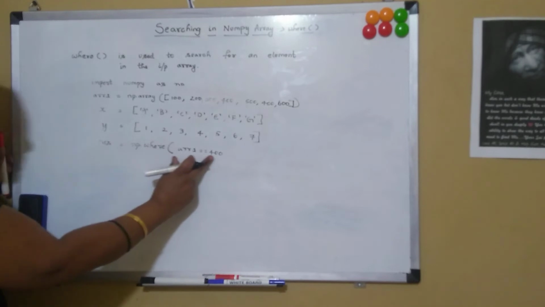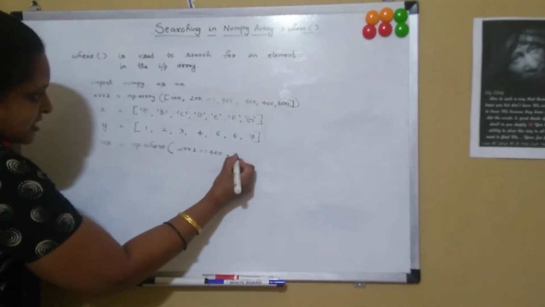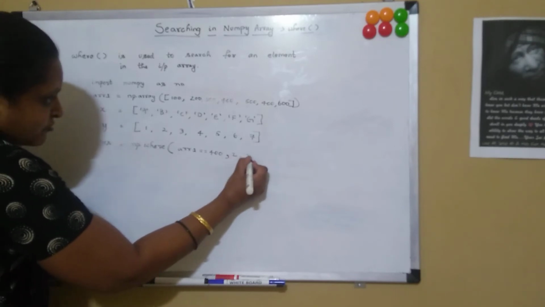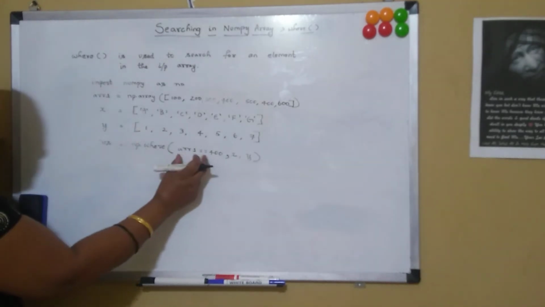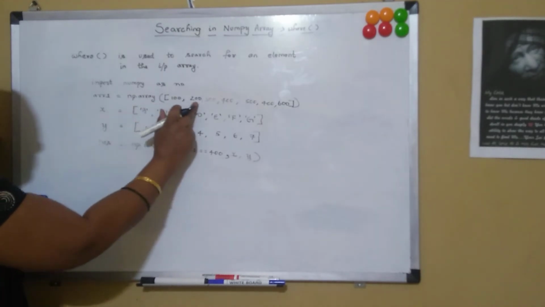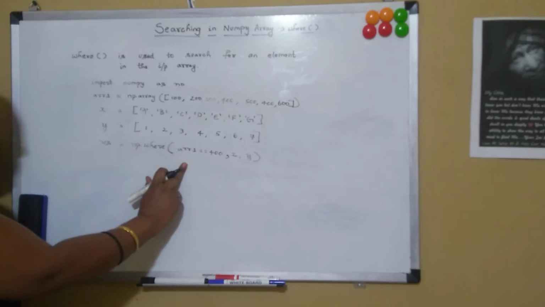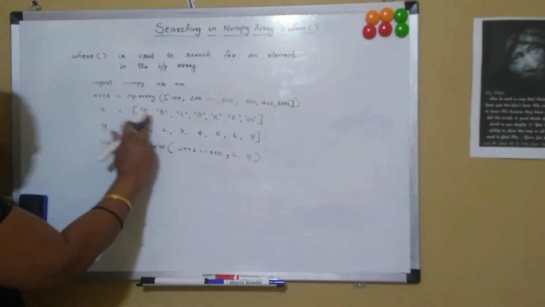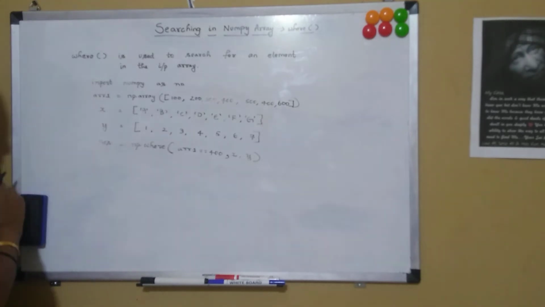Then I give my x and then I give my y. So friends, what will happen in this particular scenario? It will check for each and every element in the input array. If the condition is satisfied, it will take the corresponding value from x, and if the condition is not satisfied, it will take the value from y.